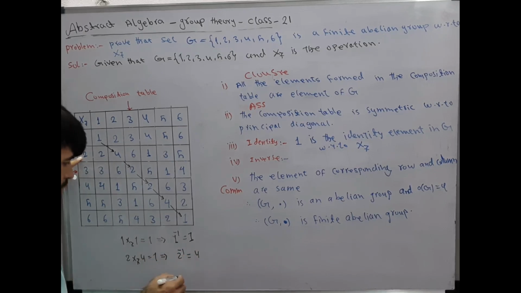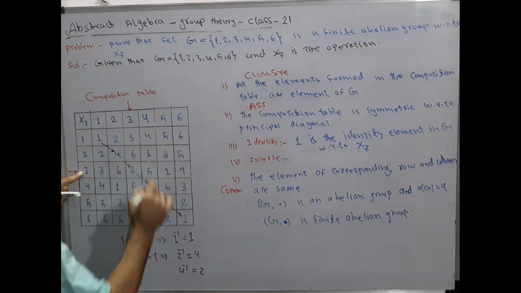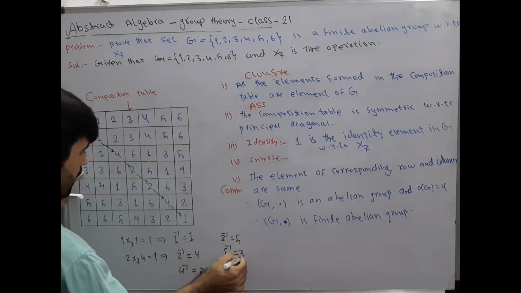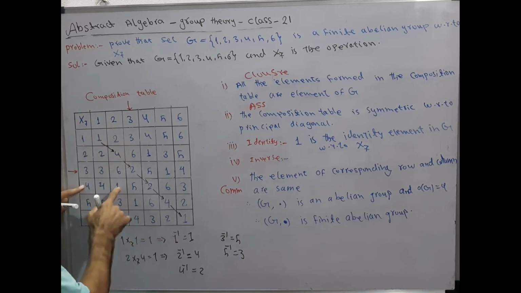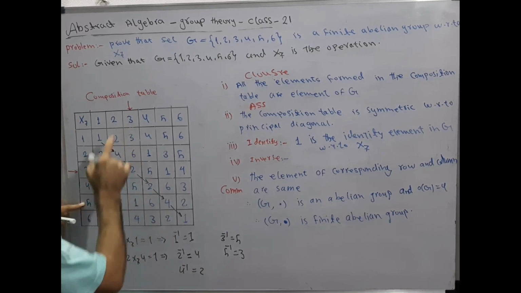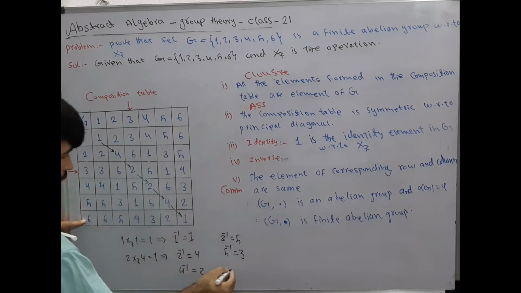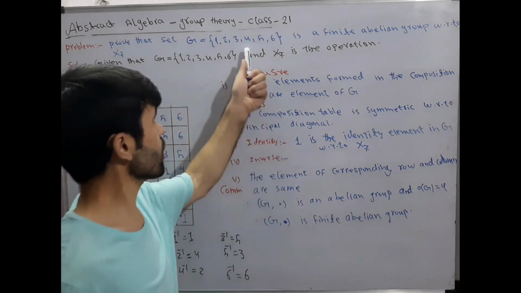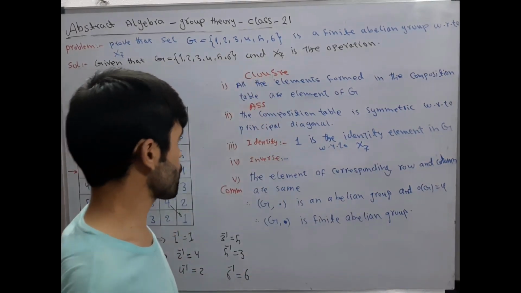Similarly, 4 inverse equal to 2. 3 by 5, therefore 3 inverse equal to 5, and 5 inverse equal to 3. 4 inverse we already wrote here, 4 inverse equal to 2. 5 inverse is 3. Therefore, 6 inverse equal to 6. Therefore, for every element of G, there is an inverse in G.